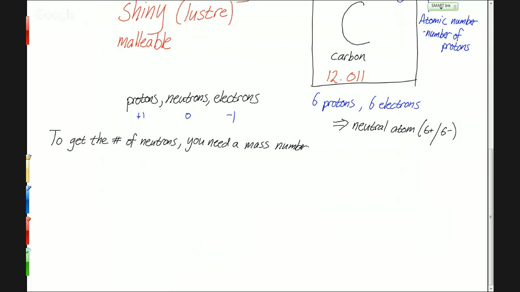So if I told you that a particular carbon atom had a mass number of 12, then you'd know there must be 6 protons and 6 neutrons, because 6 plus 6 is 12. But if that mass number were 13, then it would be 6 protons and 7 neutrons.